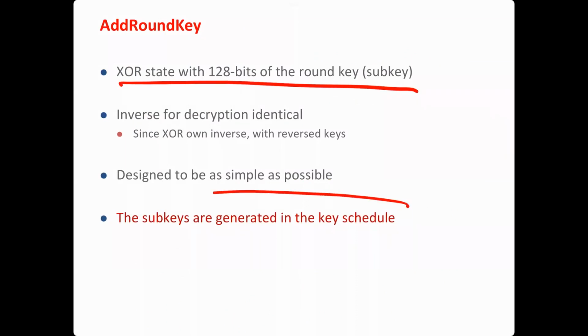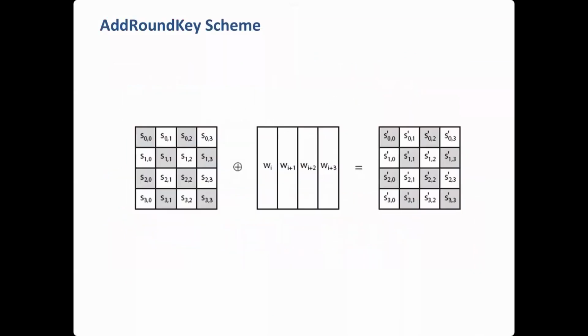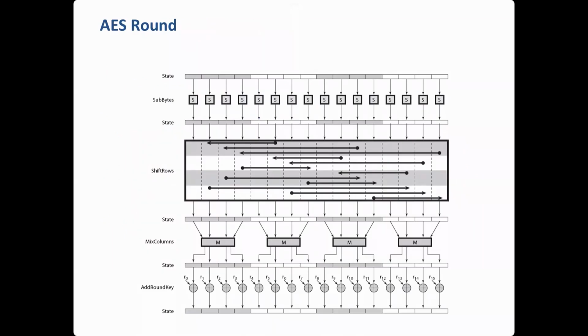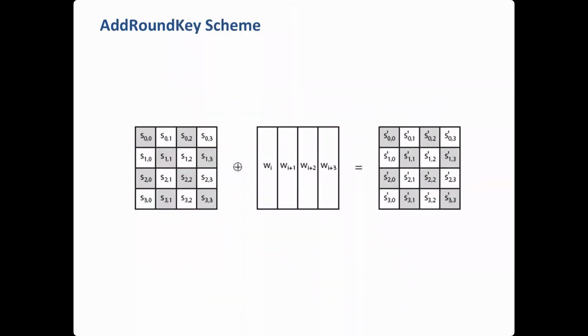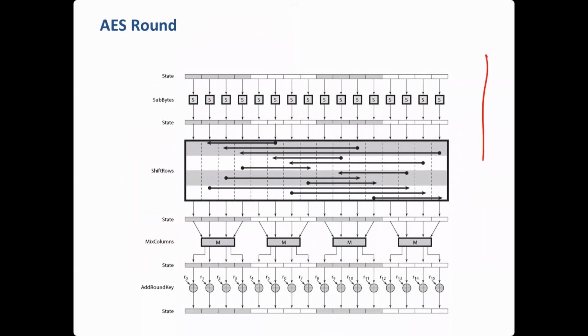Now sub keys are generated from the main key using the key schedule. How do we do it? Please look at the slides or read it from the book. It's a very simple function that's given. So this is all about the AES round.